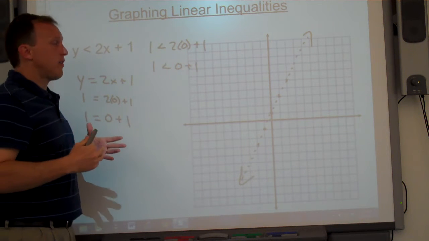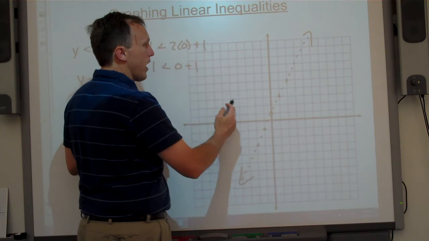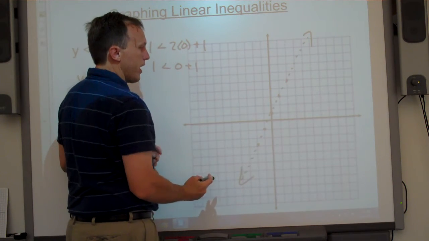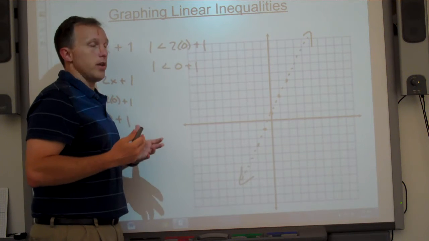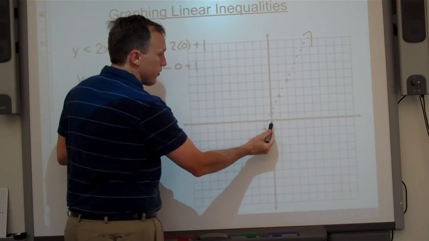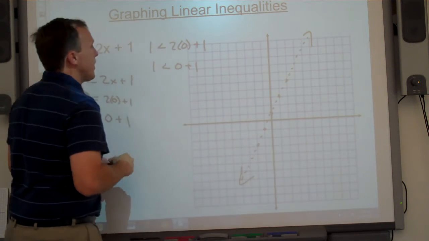And so an easy way to do that is to take a point that is clearly on one side or the other of this line. Okay? As a general rule, we like to use the origin, 0, 0, because that's very easy to plug in. So, 0, 0 is here, so that is clearly on this side of the line, and let's see what happens.